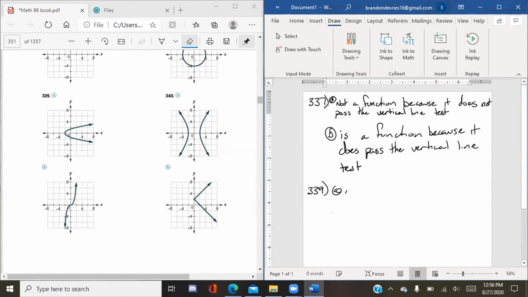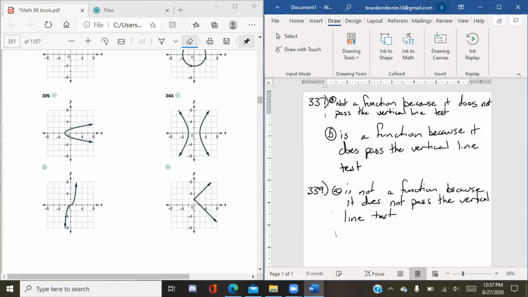So 339A is not a function. And then B, it is a function.